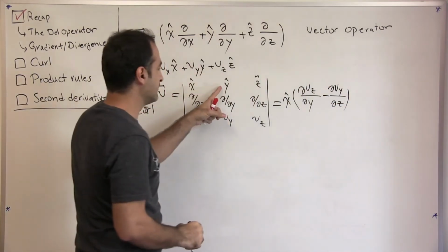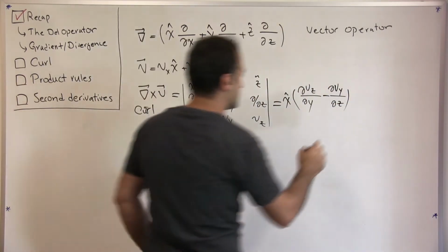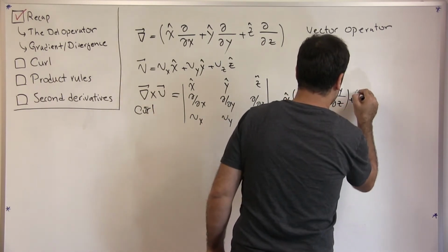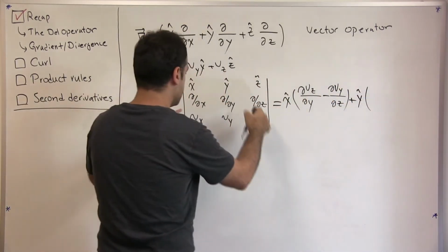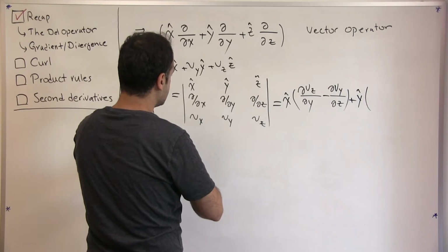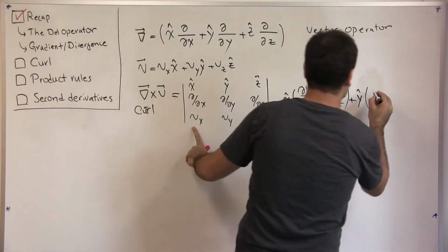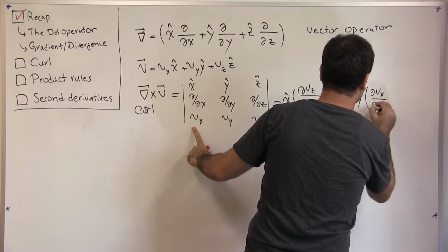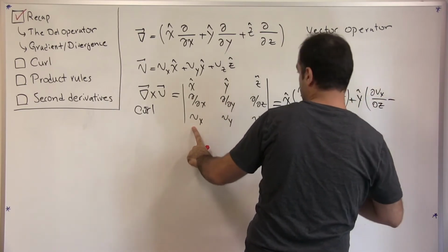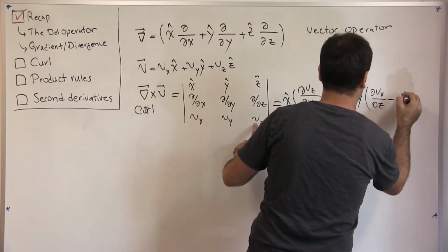The second term for y hat has a negative, so I'm going to write positive y hat and then apply the way I'm calculating the determinant of the 2 by 2 matrix, and that's going to be dVx over dz minus dVz over dx.